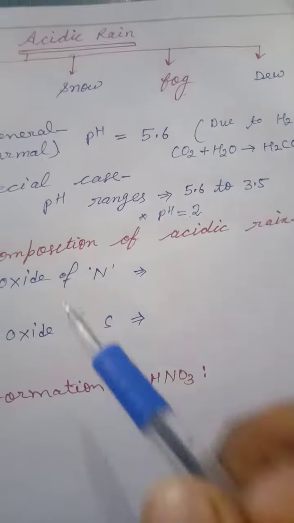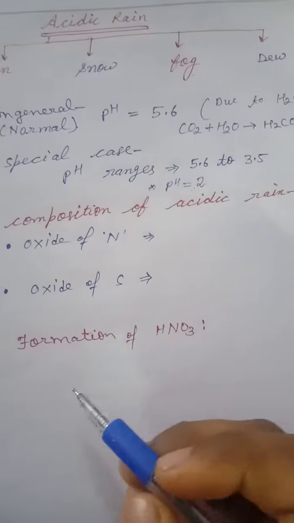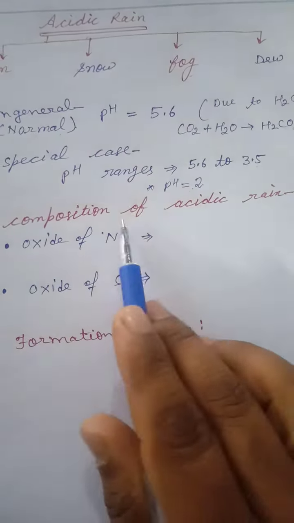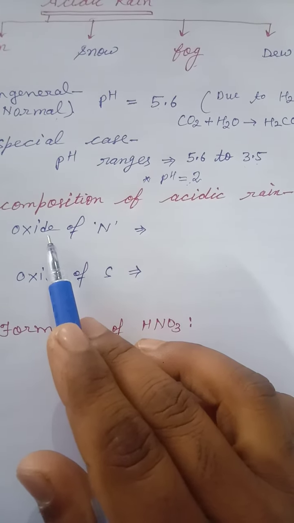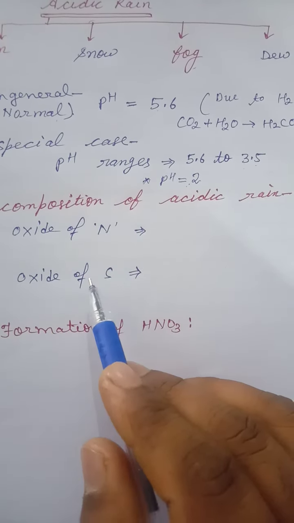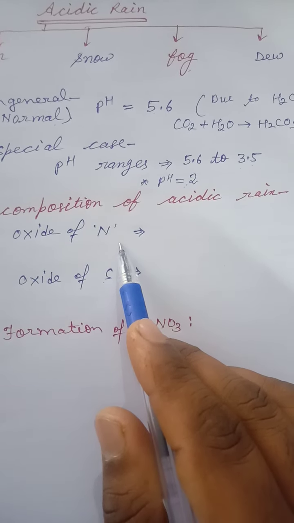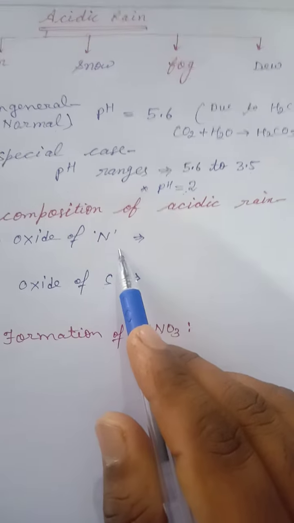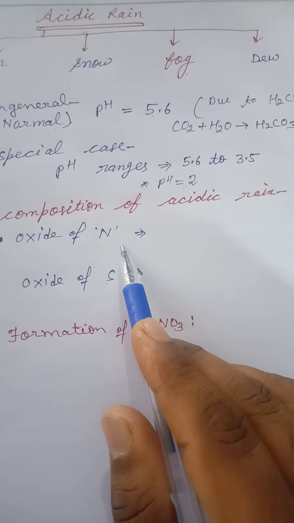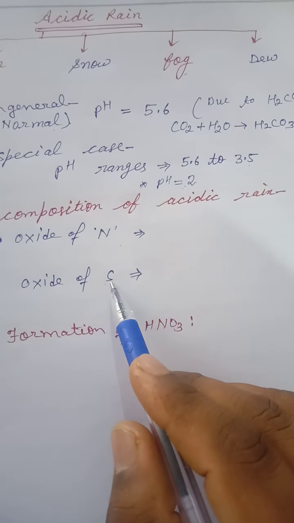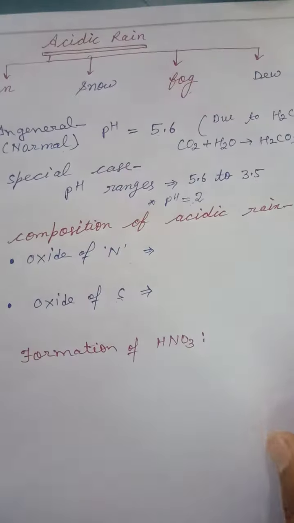Now, what is the composition of acid rain? Acid rain is mainly because of the oxides of nitrogen and sulfur. Oxides of nitrogen means NO, nitrogen oxide, and NO2, nitrogen dioxide, and SO2 or SO3, and they are converted into the acidic form.